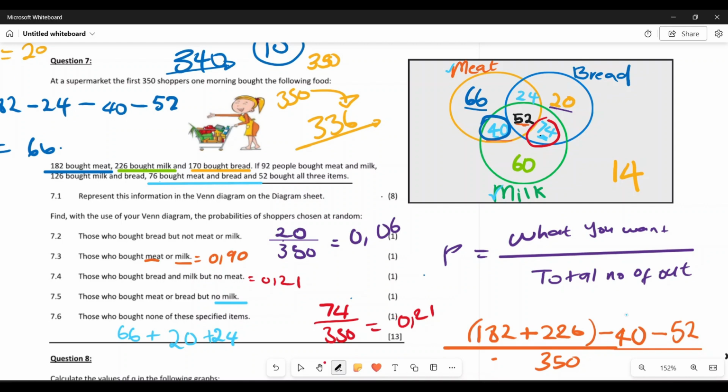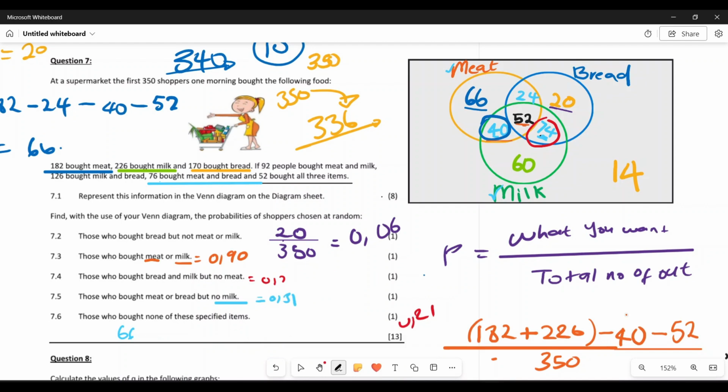So 66 plus 20 plus 24 would be equal to 110. I'm going to take my 110 divided by my total, which is 350. And as a result, my probability would be equal to 0.31.